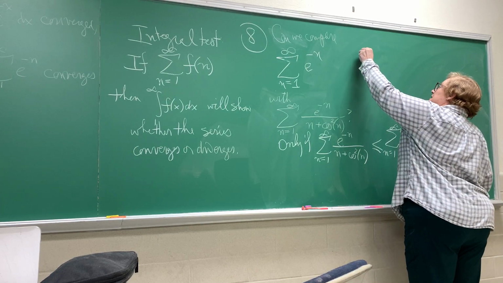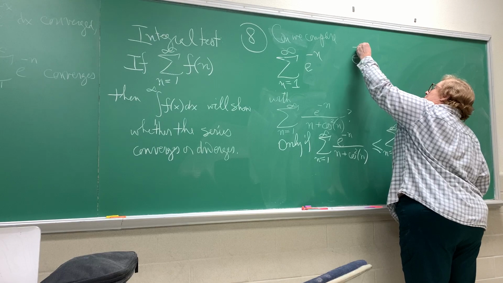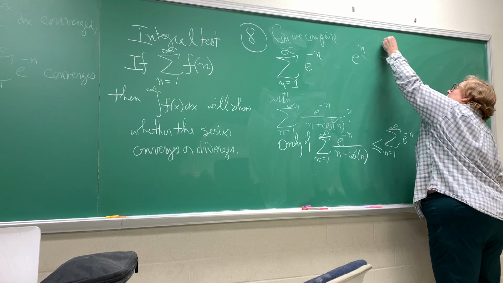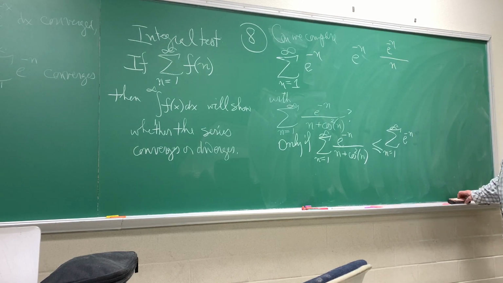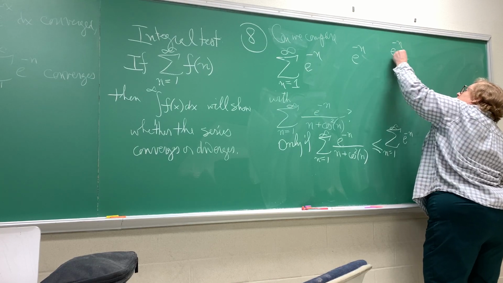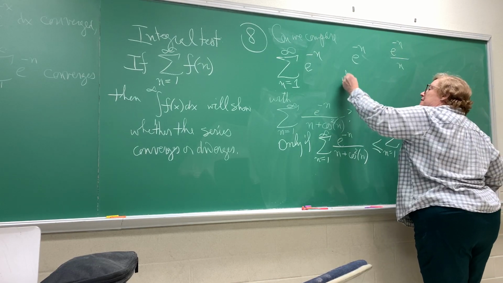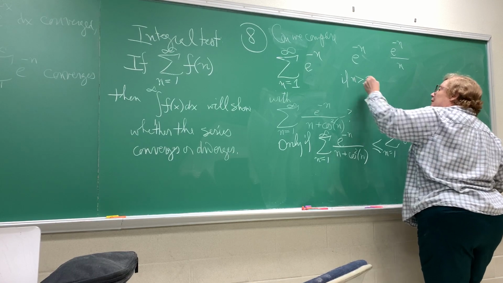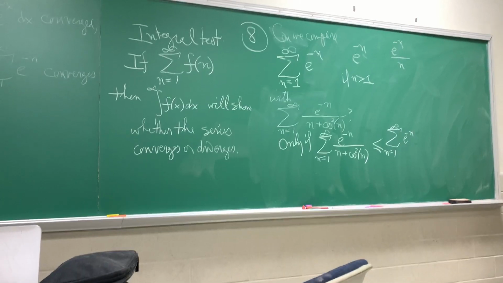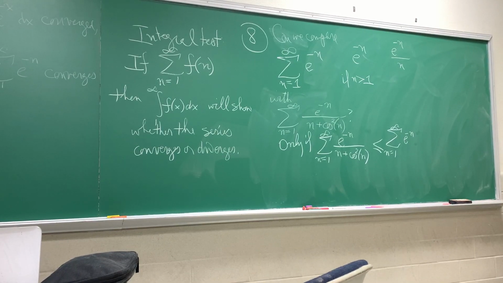So if I just look at those two terms, and we're assuming here that n is bigger than 1, what direction of the inequality would I write? Which one is larger, e to the negative n or e to the negative n divided by n?